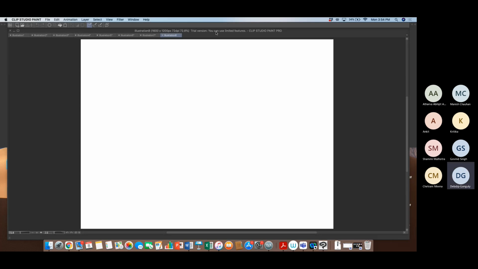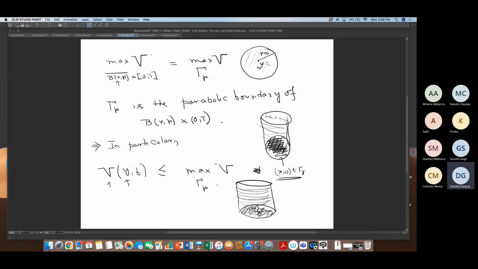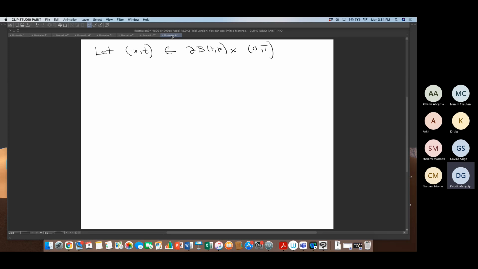Now let (x, t) belong to the lateral boundary, del B_r cross (0, T). That means the lateral boundary of the parabolic boundary, this part.